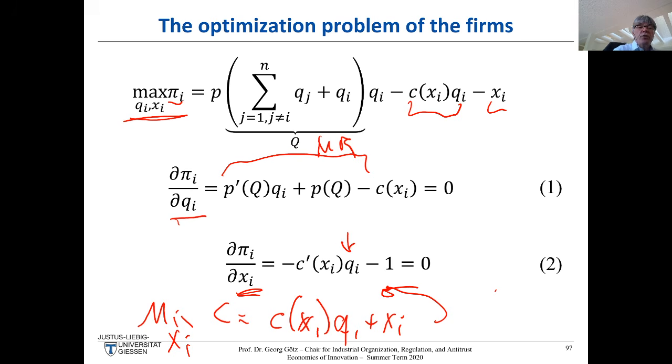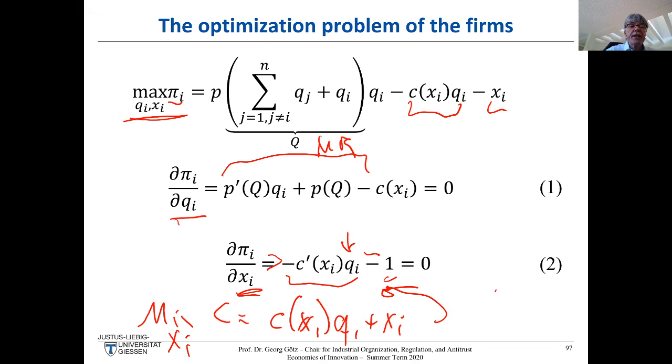And it's nice to interpret this first order condition. Put that on the other side, so that the left-hand side is equal to the right-hand side. The right-hand side is just 1. That means I have additional cost of €1 if I spend €1 more in terms of R&D.